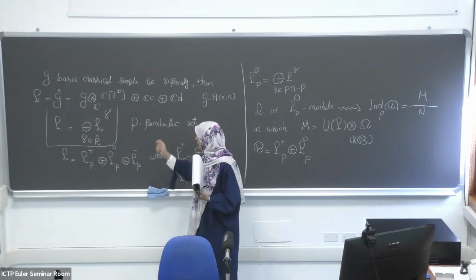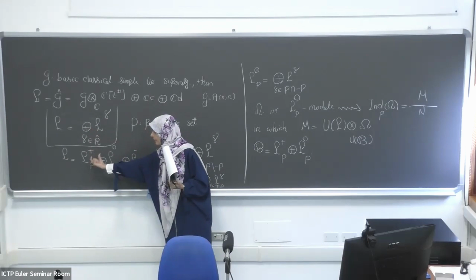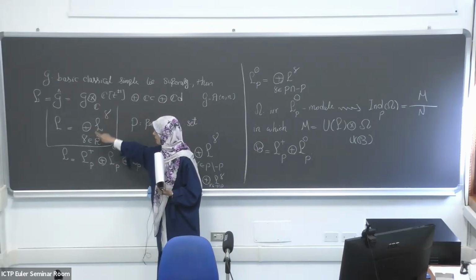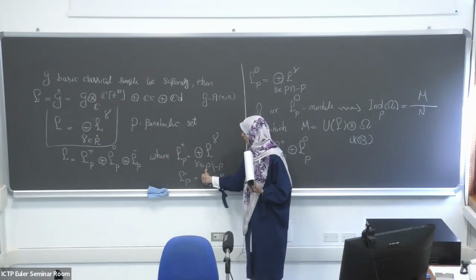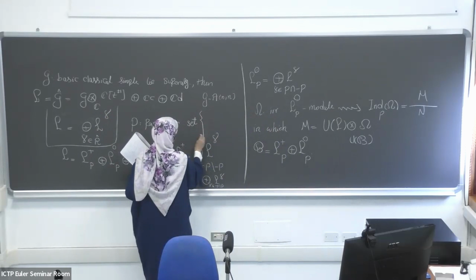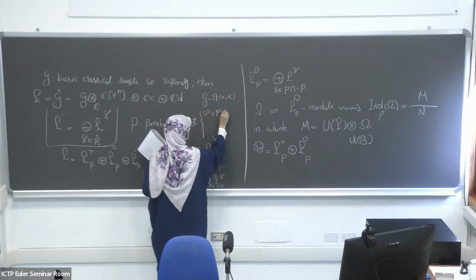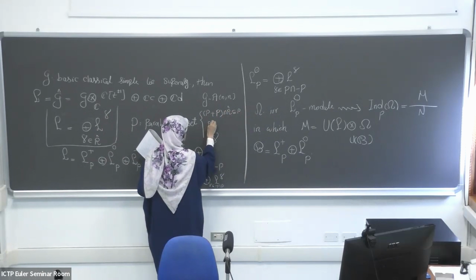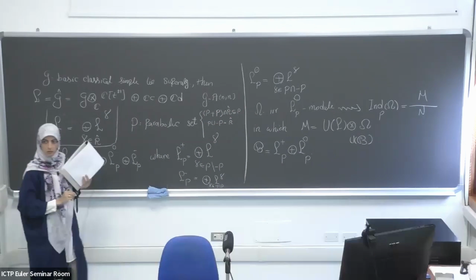But if we have a parabolic set, then we can decompose L in this new decomposition, and we just use the elements of gamma depending on whether gamma is an element of P, minus P. Because you remember when we have a parabolic set, it means that P plus P intersection R hat is a subset of P, and P union minus P is R hat, right?